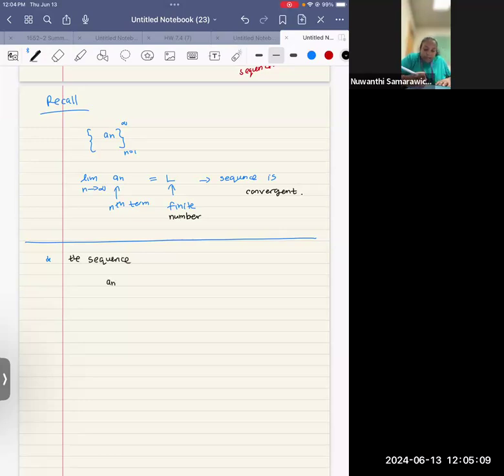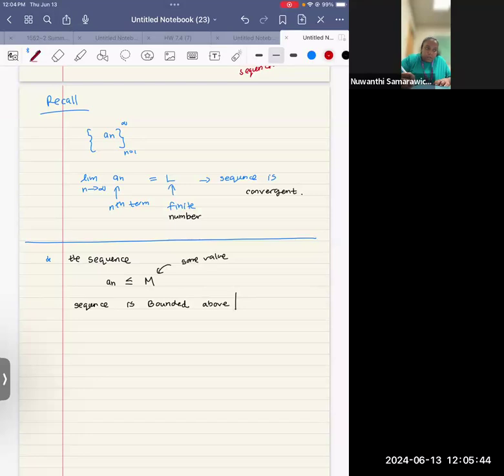If we see that the n term a sub n is less than or equal to some value, then we say the sequence is bounded above.